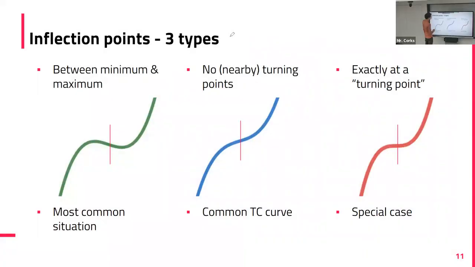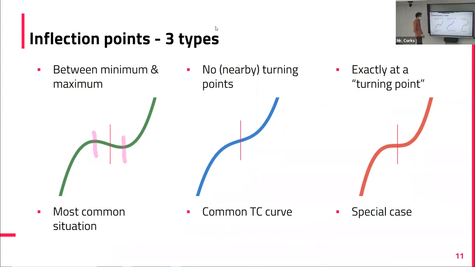Right. So a little more review here. Okay, lots more of this. We have these 3 basic types that could happen. We could have nearby turning points, and then our inflection point is happening right between them. We could have, like here, no nearby turning point. And there could be a turning point somewhere else on the function, but there would have to be another inflection point before that happens.